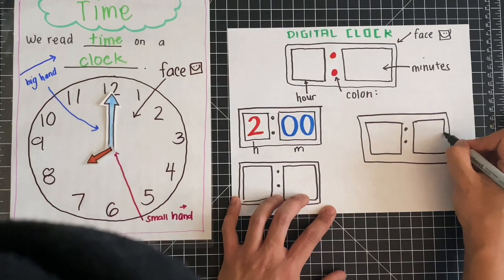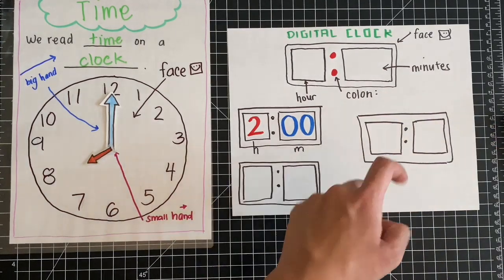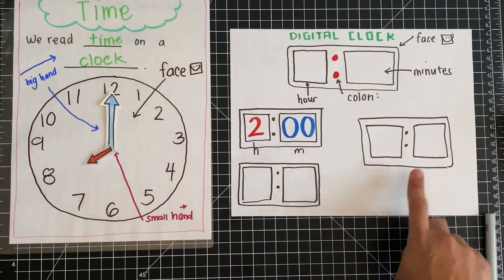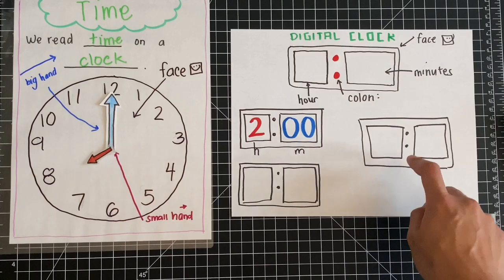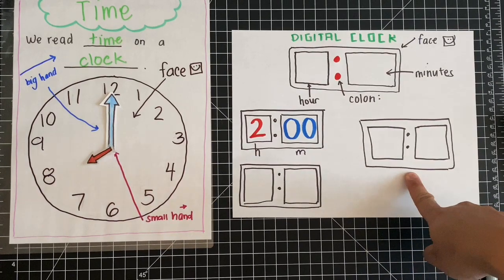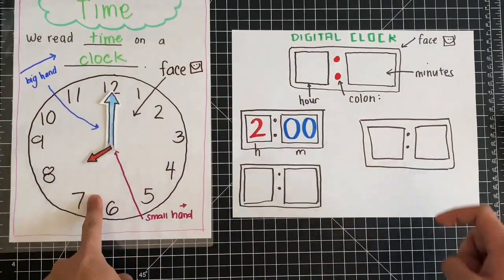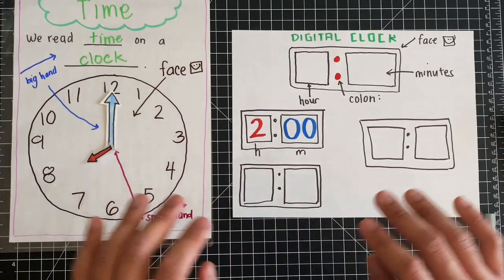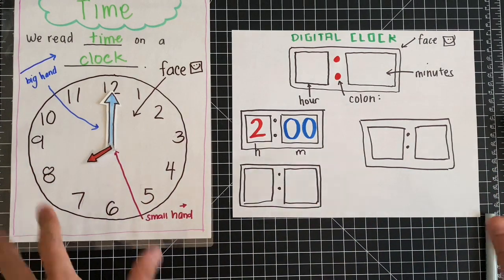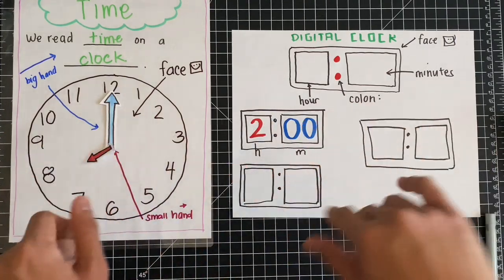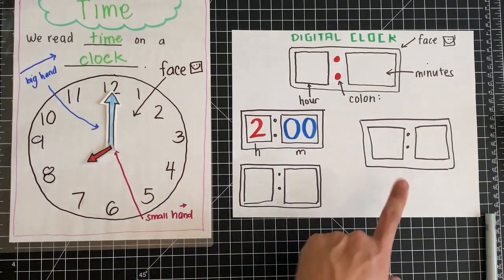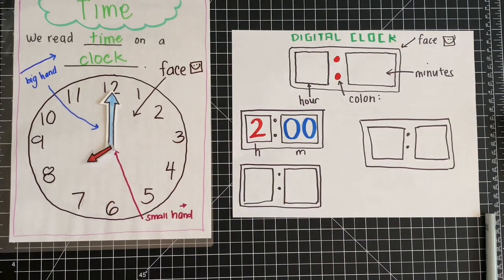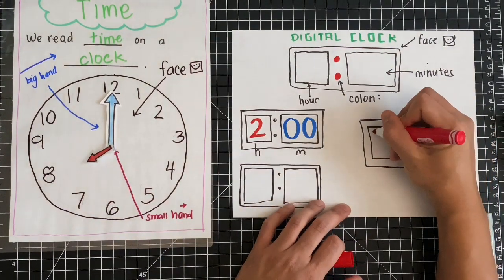And I'm gonna write the time on the digital clock. And what you will have to do is look at the time on the digital clock and represent that time on an analog clock. So you're gonna do the opposite. That's Mr. Junie's challenge. So I'm gonna give you the digital time now. This is the time on the digital clock.